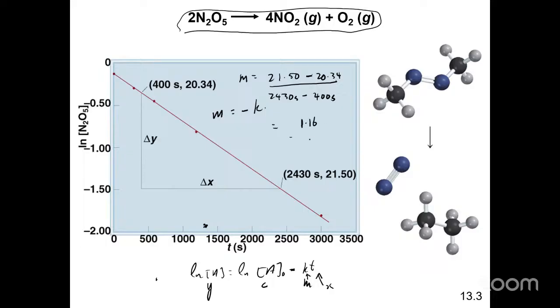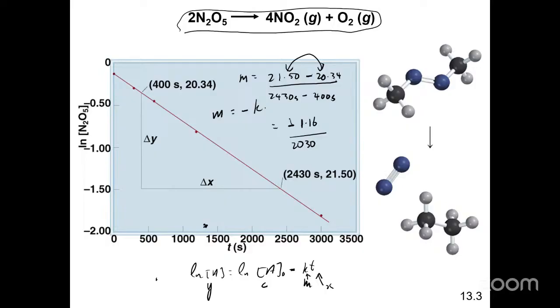And the 2430 minus 400, I got 2030. Now, the reason why I hesitate is because the value should be negative. So I think these two should be switched, right? So this should be negative.